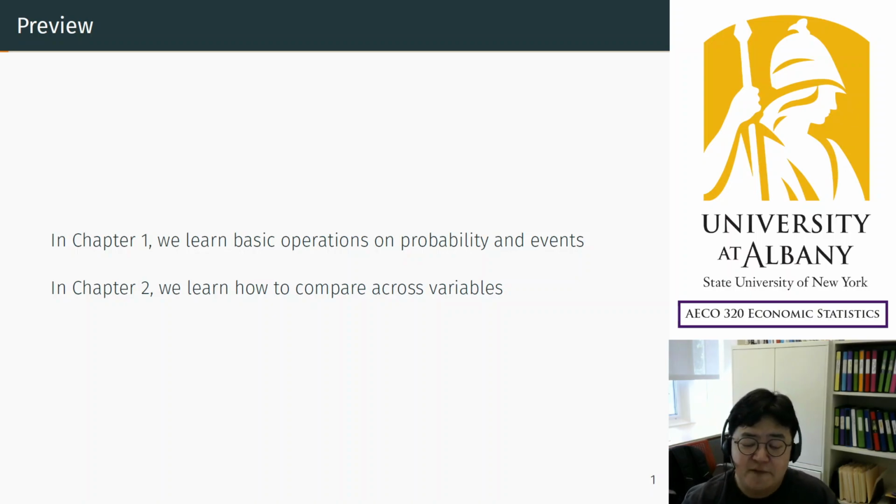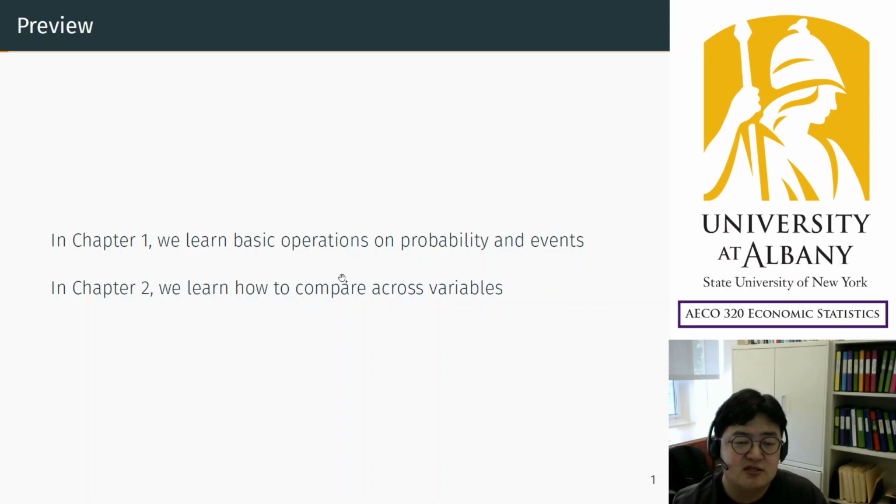But frankly speaking, these concepts are not used in practice that much. Theoretically they are very important, but in practice what we usually think of is, for example, comparison across variables, right? So conditional probability is another way to utilize multiple variables and calculate a different type of probability.